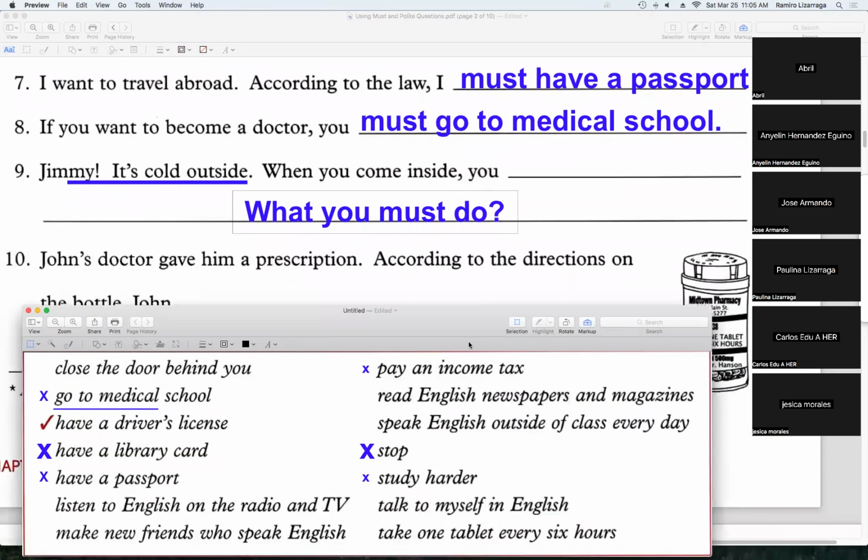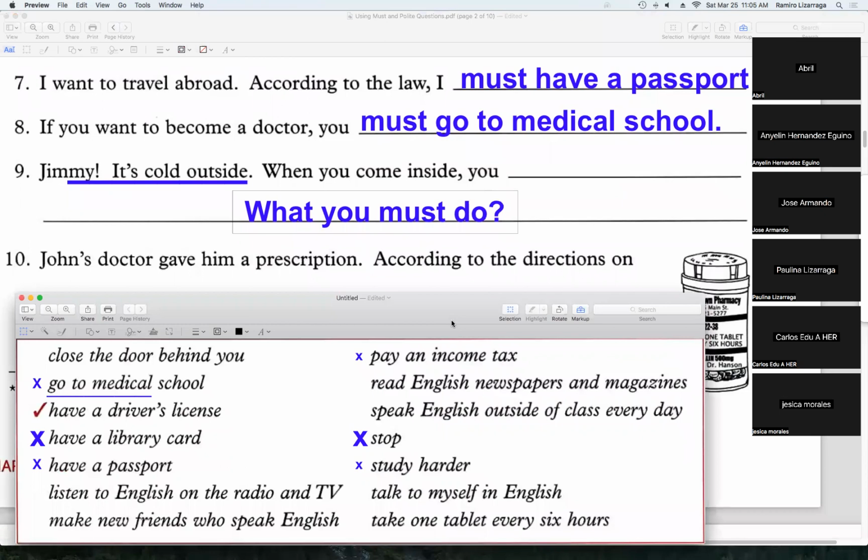What you must do, Jessica, when you come inside? Because it's very cold outside. It is very cold outside. Está haciendo mucho frío afuera. Así que cuando tú te metas, ¿qué es lo que debes de hacer? Carlos, ¿quién se anima? Nielin, what you must do when you come inside your house, if it is very cold outside?